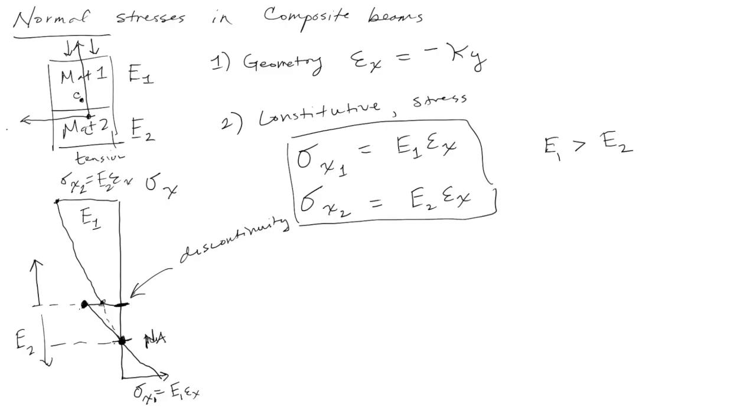Let's go to the last step now, which is equilibrium. The first thing we want to do before we move any further is identify the neutral axis, because up to now it's been left unspecified other than to say that it doesn't necessarily coincide with the centroid of the cross-section.